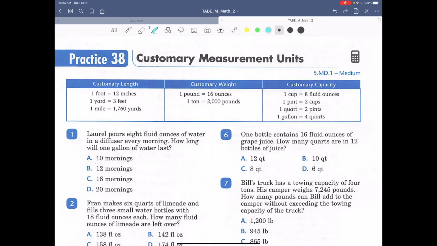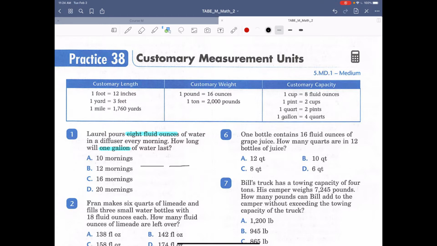Laurel pours 8 fluid ounces of water in a diffuser every morning. How long will 1 gallon of water last? So I can see that the conversion I'm working with is fluid ounces and gallon. That would be capacity. So I need to convert.